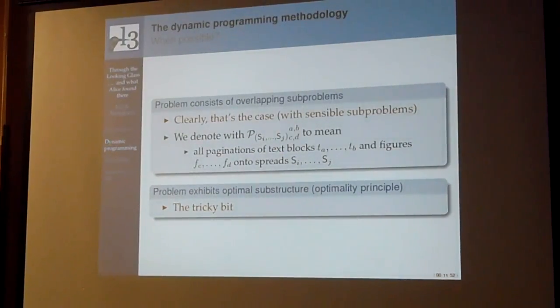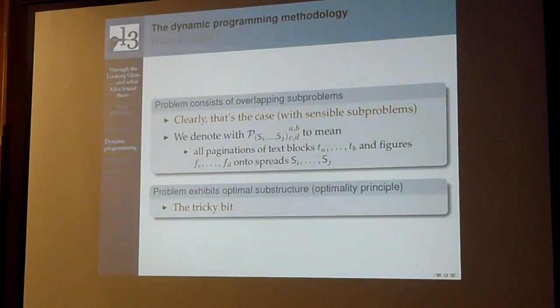Basically, now I go again a little bit into mathematics. This notation here has the following meaning. It means we are looking for partitions from spread I to spread J, and we put in all the blocks from position A to B, and all the figures from C to D. And then we try to find all the partitionings that we can do in this way.